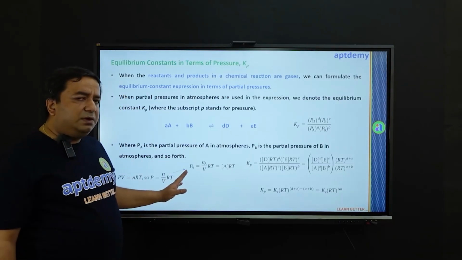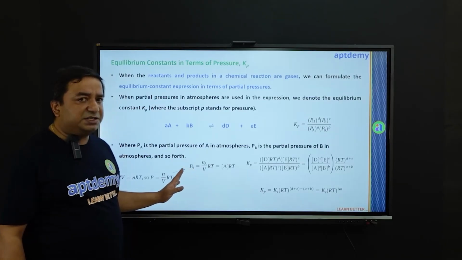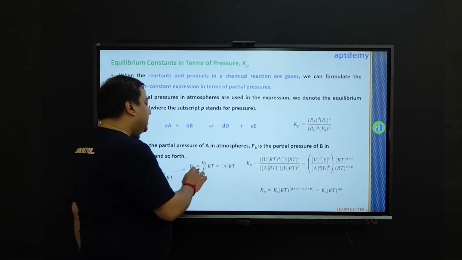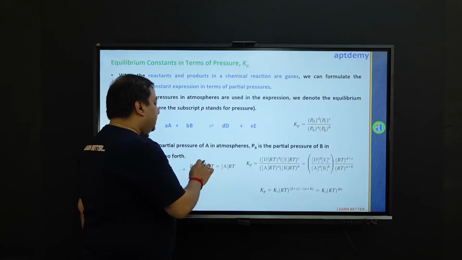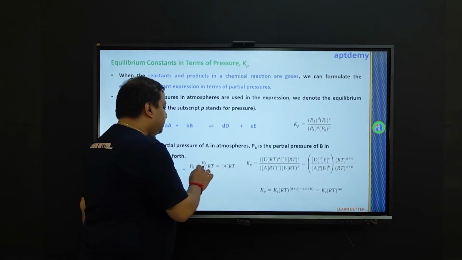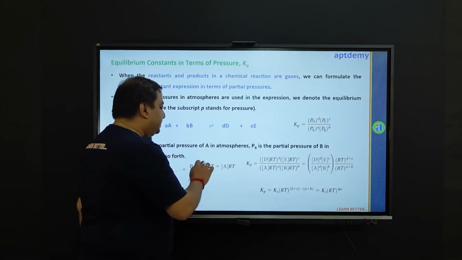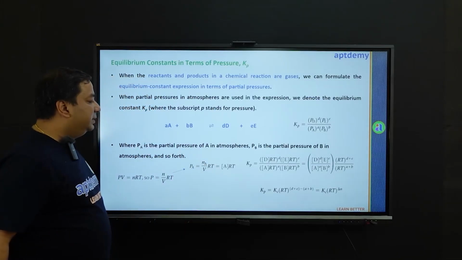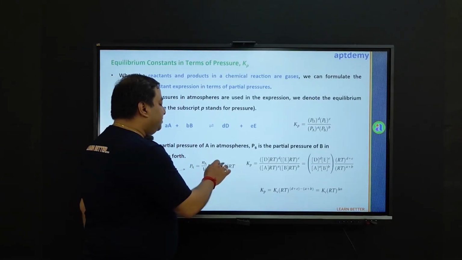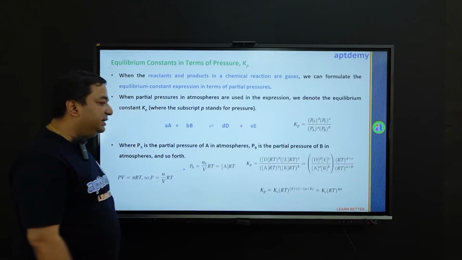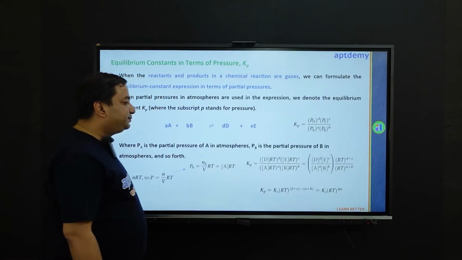So now what will be the expression for partial pressure of gas A? We will write Pa equals Na by V multiplied with RT. Now Na by V can be written as the concentration of gas A expressed in molarity.